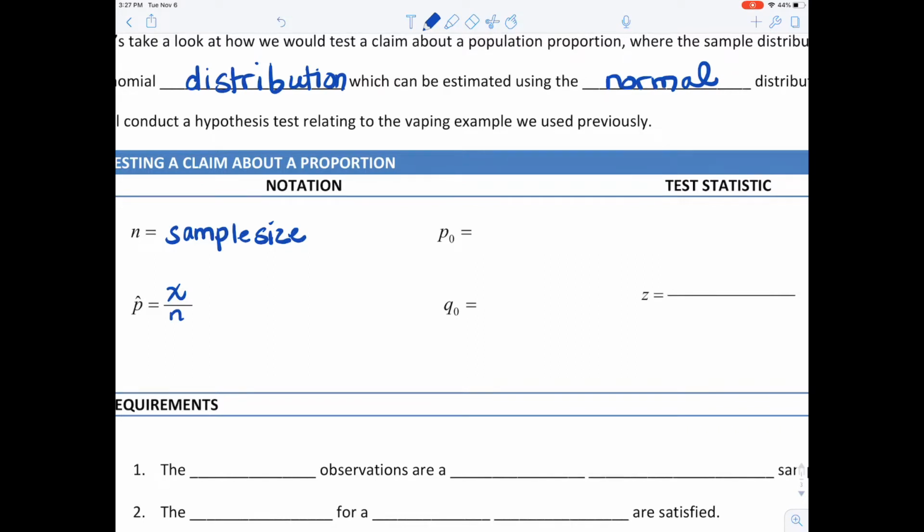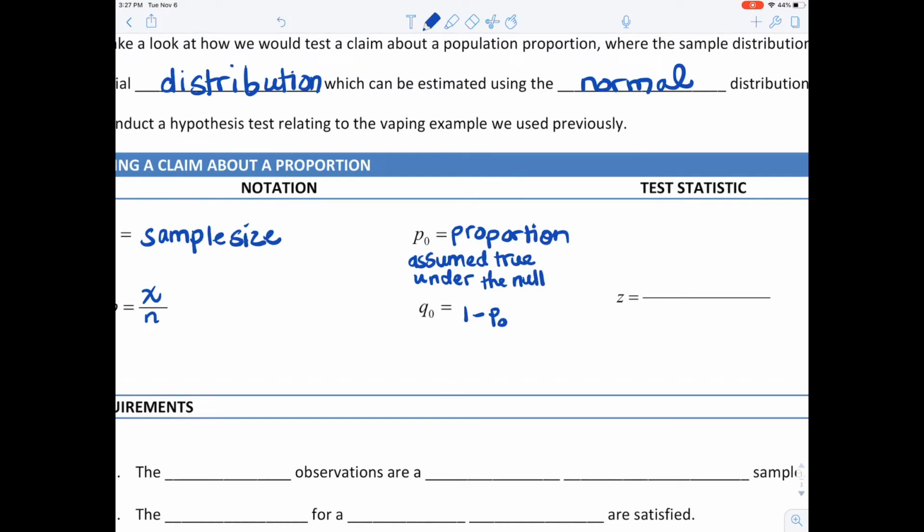P0 is the proportion assumed true under the null hypothesis. And then Q0 will just be 1 minus P0.